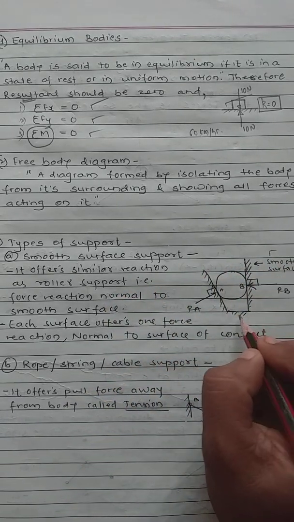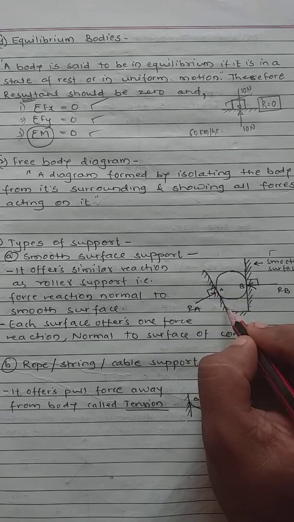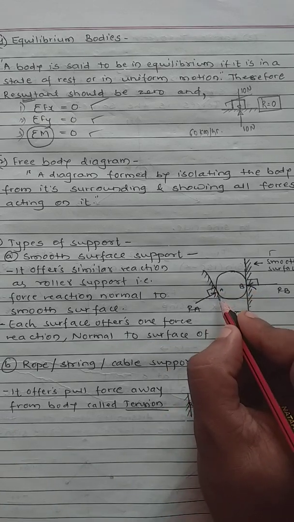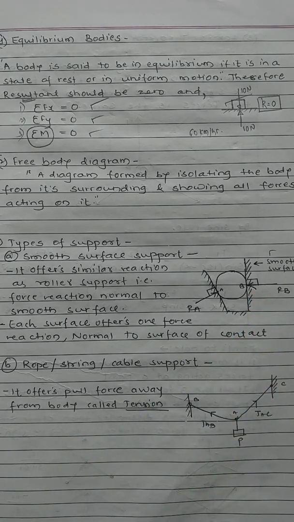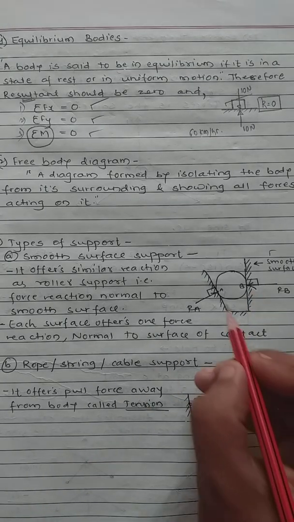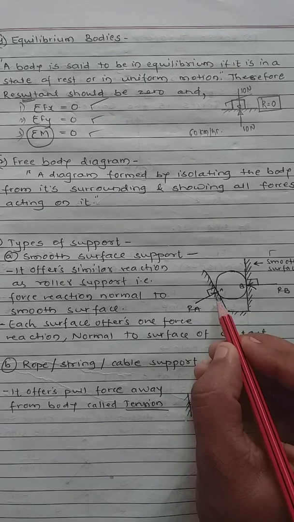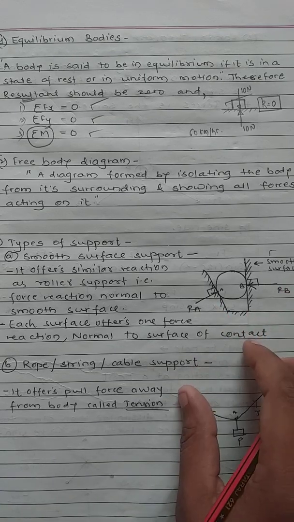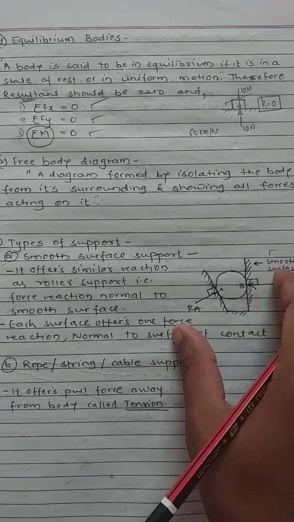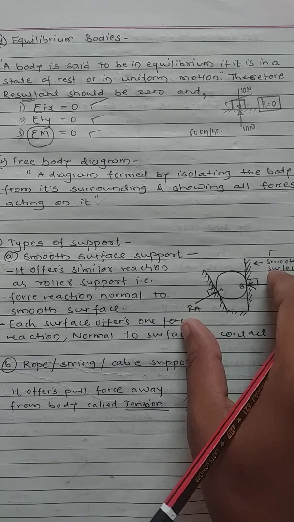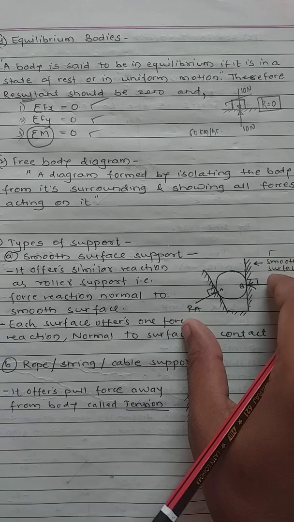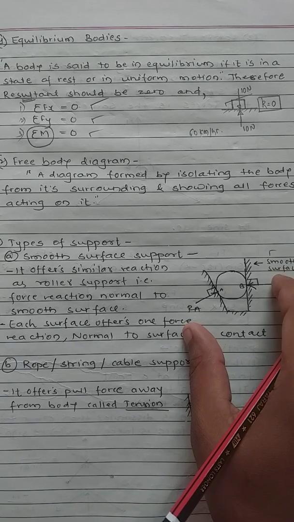This surface is a smooth surface, this one is a smooth surface, and this one is also a smooth surface, but the body is resting at this point A and this point B. So the body is connected to point A and point B of the smooth surface. If this type of body is given, how to draw the free body diagram and how to show the reaction forces is also important.